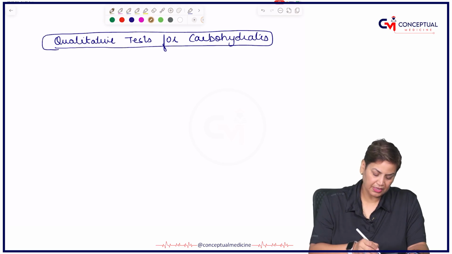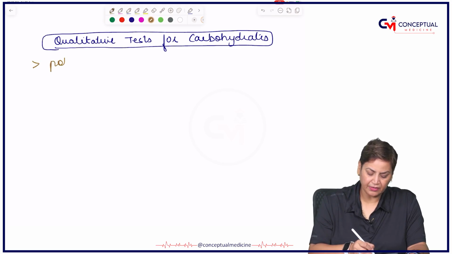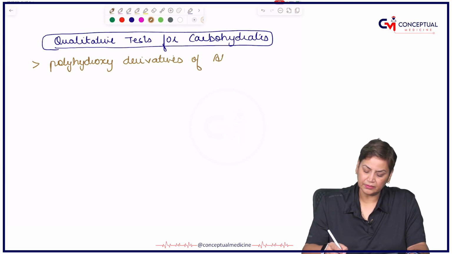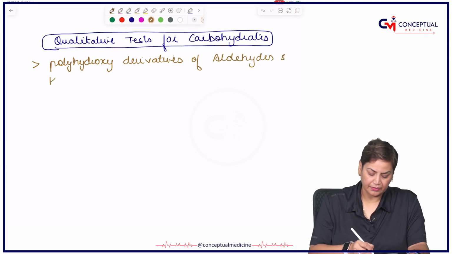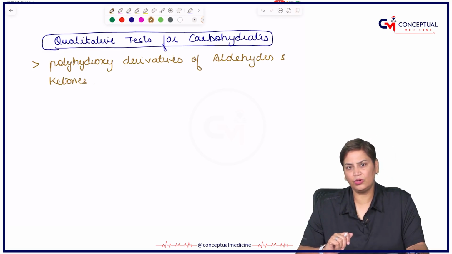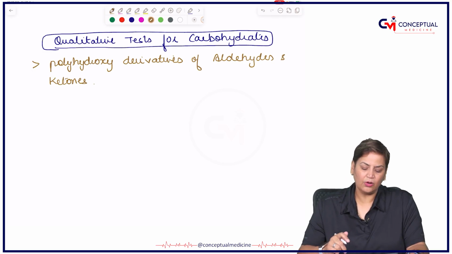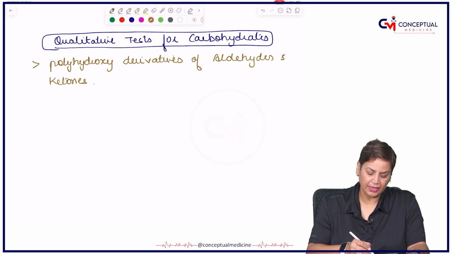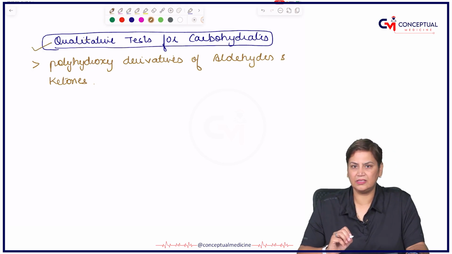They are simply the polyhydroxy derivatives of aldehydes and ketones, right? And on hydrolysis they are going to give aldehydes and ketones. Now this we have already discussed in the chemistry of carbohydrates. Now today's topic is qualitative analysis.